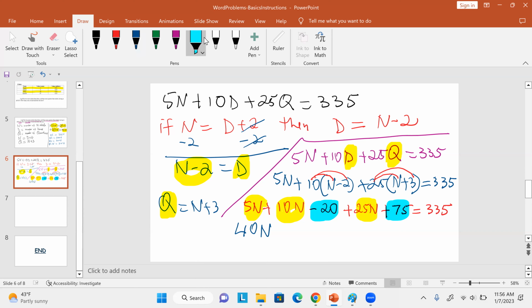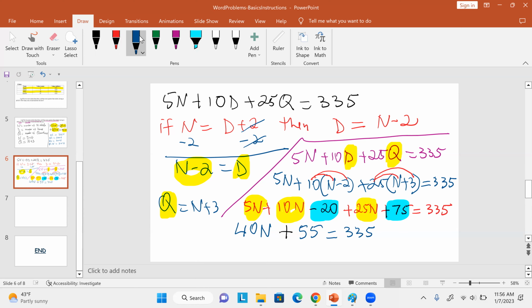We know that 75 minus 20, because negative 20 plus 75 is the same as 75 minus 20, and that is 55. So you have plus 55 is equal to 335.